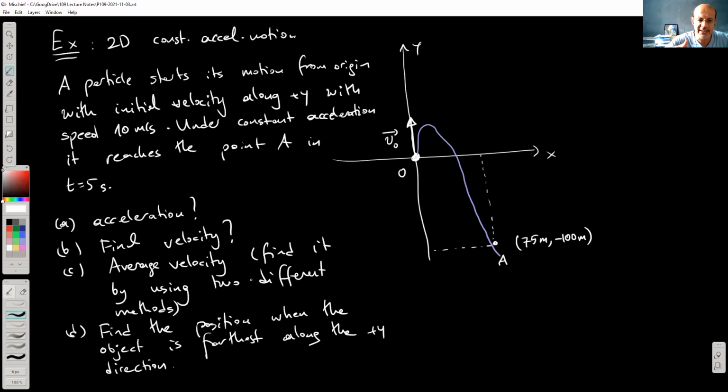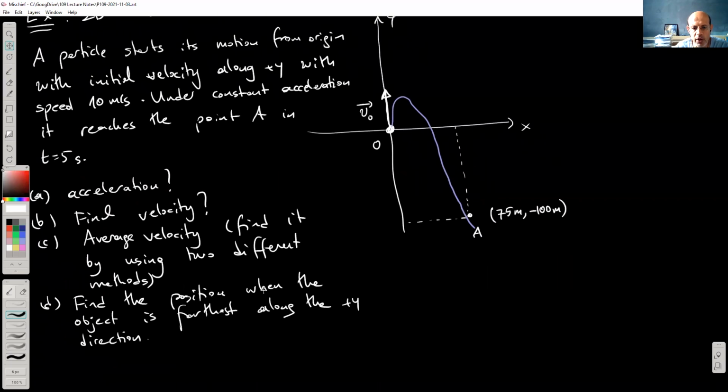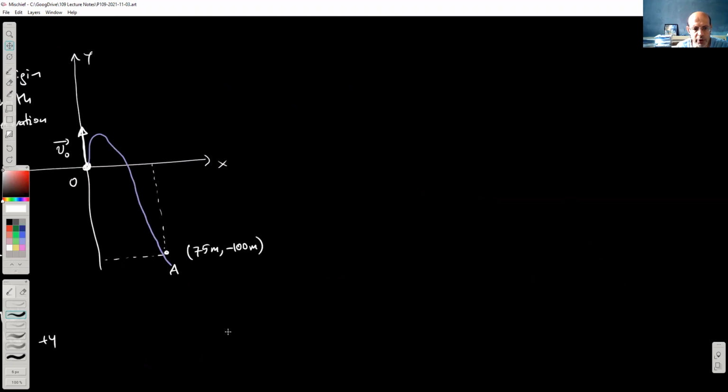But I'm solving this on purpose to actually show you that this is not different than the problems that we have solved in the one-dimensional motion case, except that I need to use unit vector notation to express these quantities, position, velocity, and acceleration, right? That's it.